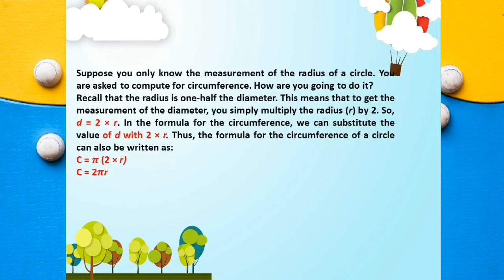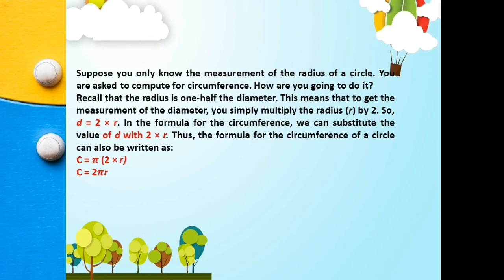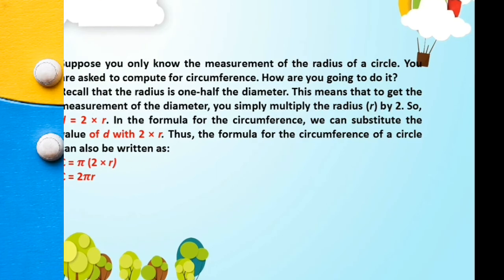Suppose you only know the measurement of the radius of the circle. You are asked to compute for the circumference. How are you to do it? Recall that the radius is half of the diameter. This means that to get the measurement of the diameter, you simply multiply the radius r by 2. So D is equal to 2 times r.